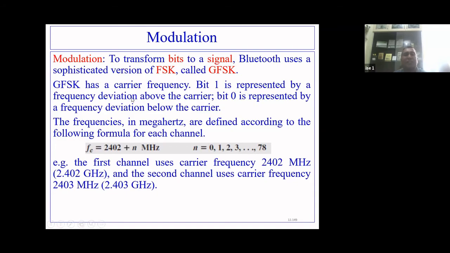Bit 1 is represented by a frequency deviation above the carrier, I'll explain this with an example, and bit 0 is represented by a frequency deviation below the carrier. You got the idea? Here the frequencies are in megahertz, defined according to the formula: FC, the frequency of the channel, is 2402 plus n megahertz, where n can be 0, 1, 2, 3, and so on, up to 78. So total 79 channels.